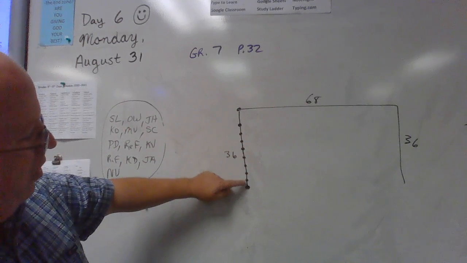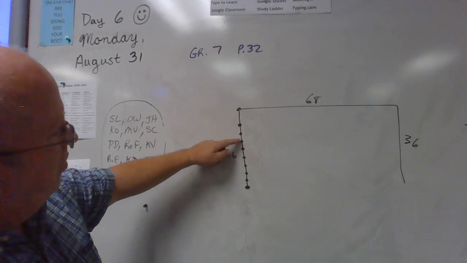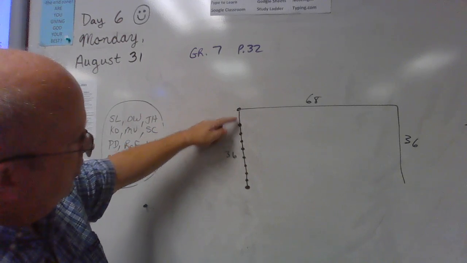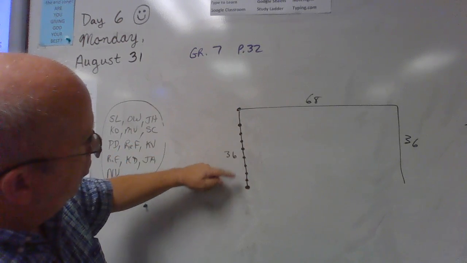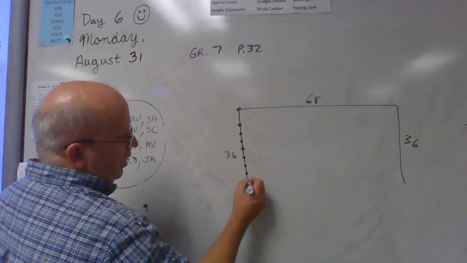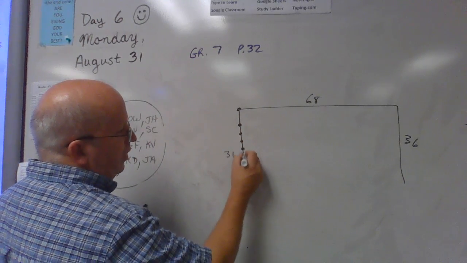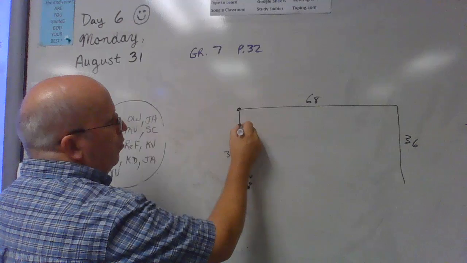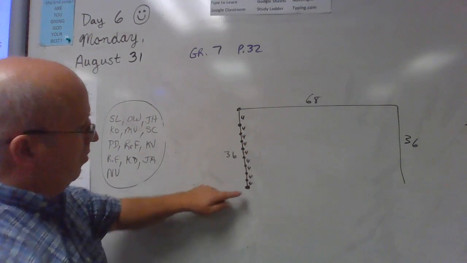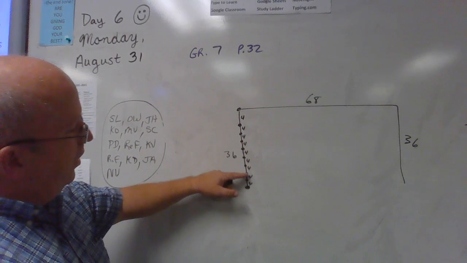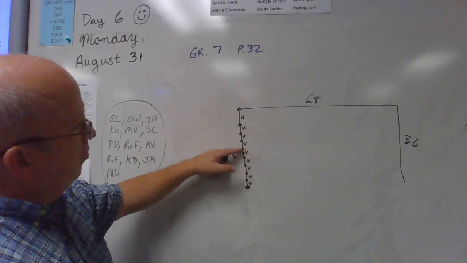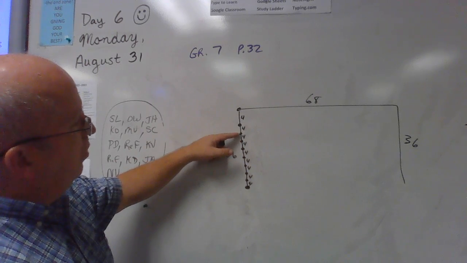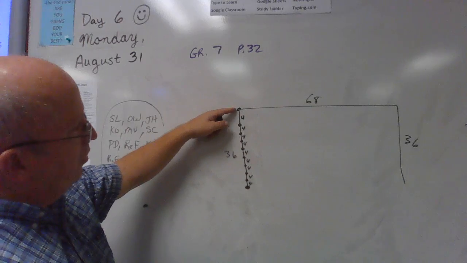Now notice something. 1, 2, 3, 4, 5, 6, 7, 8, 9, 10. There's actually 10 bushes between here and here when there's 36 meters because we've got to make sure that we've got groups of 4 in between these dots all the way up, right? And so 4, 8, 12, 16, 20, 24, 28, 32, 36.